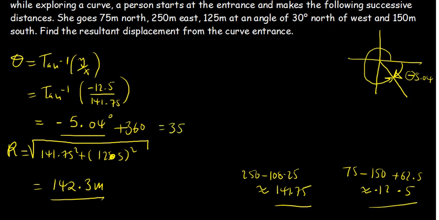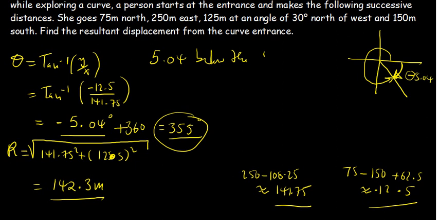If you want, since this angle is just below the x-axis, you can say it is 5.04 degrees below the positive x-axis.